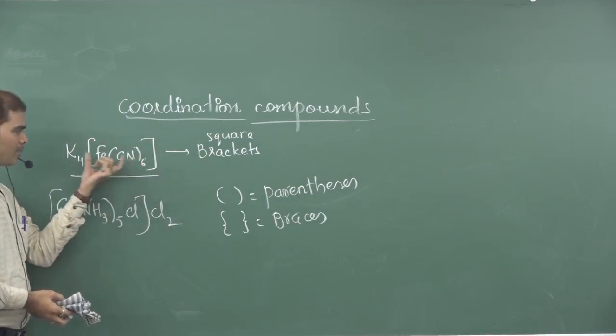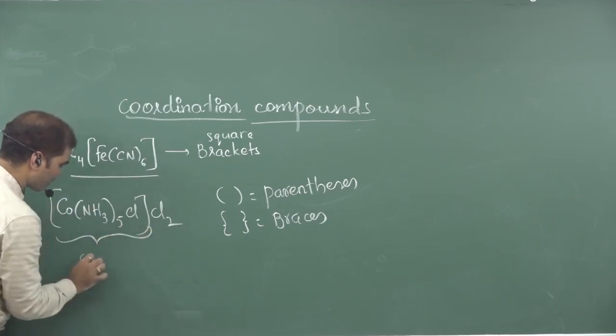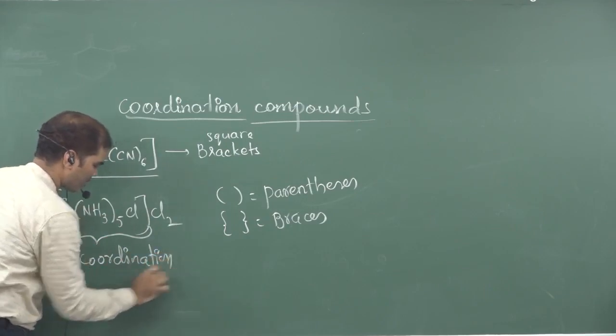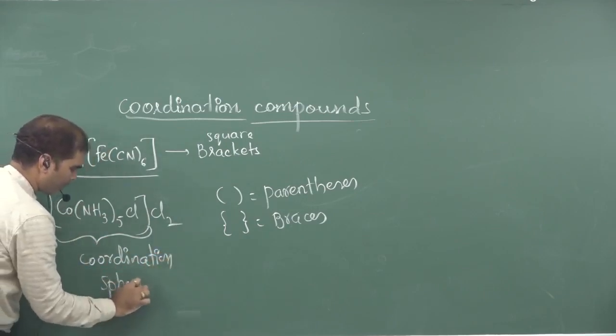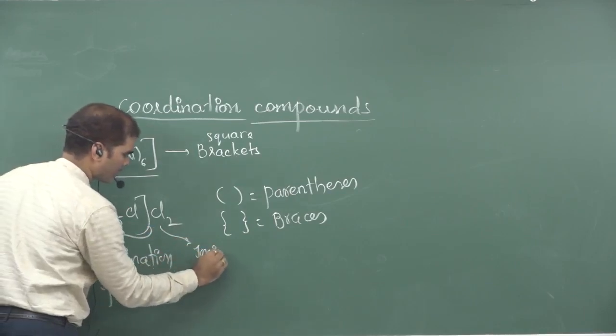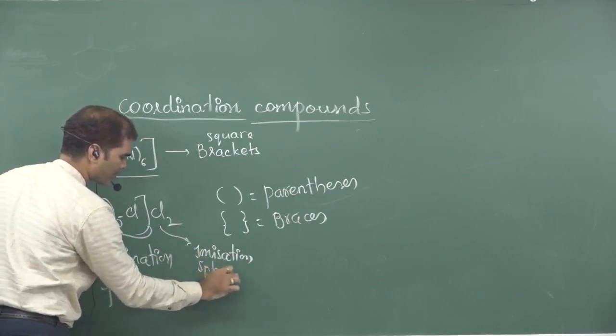Within the square brackets, whatever you are putting, we call it the coordination sphere. All this is called the coordination sphere, and whatever is present outside comes under the ionization sphere. For some, the ionization sphere will not exist.